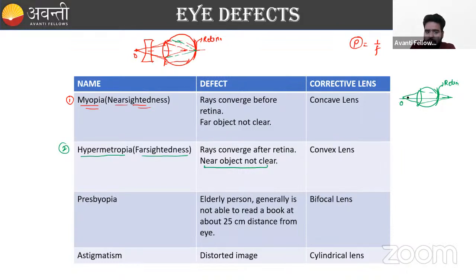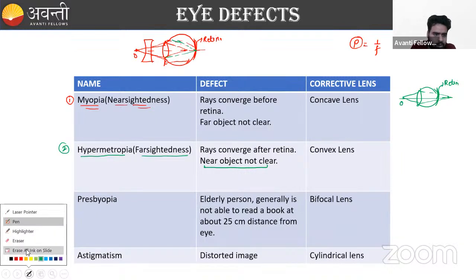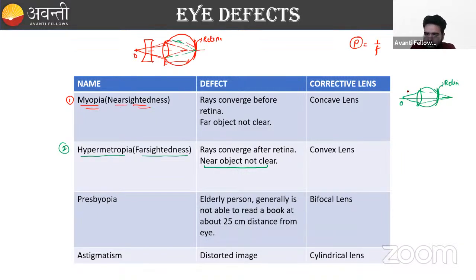Between the object and the eye lens, we use a convex lens of a given focal length, so that the ray that would converge at this point I converges at the retina. So by using the convex lens, we can correct hypermetropia.